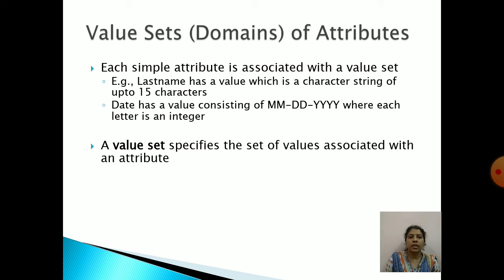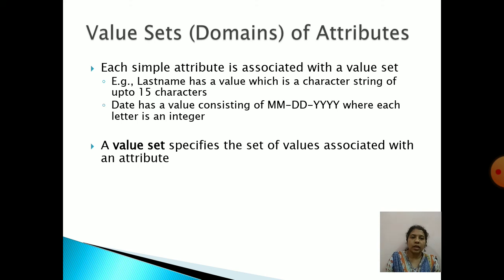Here it is given that last name has a value which is a character string of up to 15 characters. That means for last name I can give any character, but only 15 characters I can select. And date has a value consisting of month, day and year, where each is an integer. So month means 2 digits, day again 2 digits, and year 4 digits.